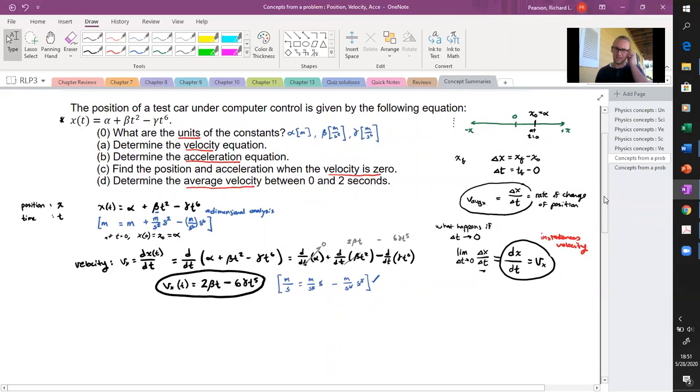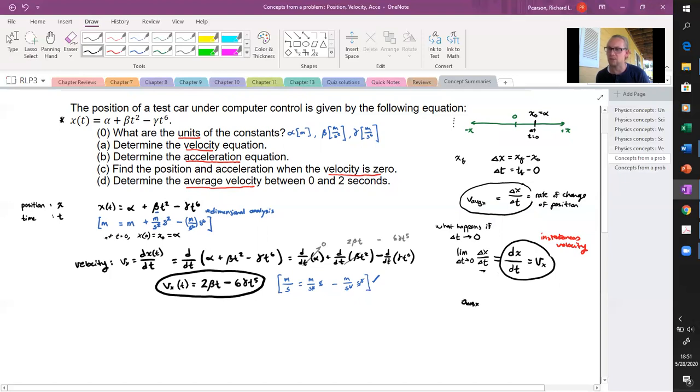Now, the next question is asking about acceleration. Instead of a rate of change of position, we have a rate of change of the velocity. So we can write this as an average acceleration in the x direction.